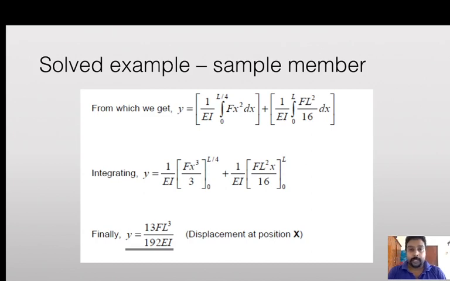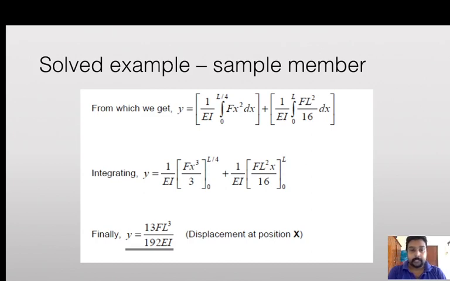Now if you integrate, y equals 1 over EI times the integral of Fx squared dx from 0 to L divided by 4, plus 1 over EI times the integral from 0 to L of FL squared divided by 16 dx.